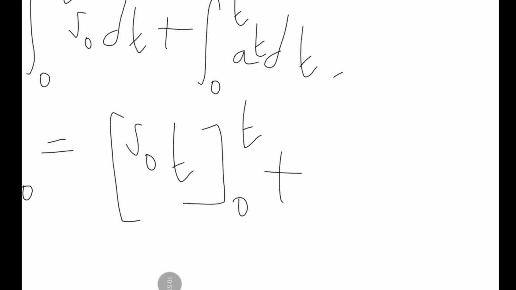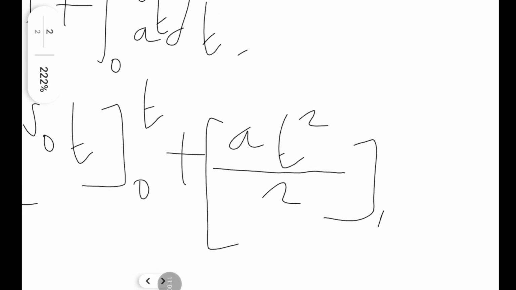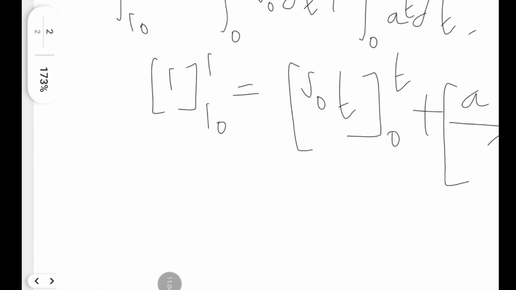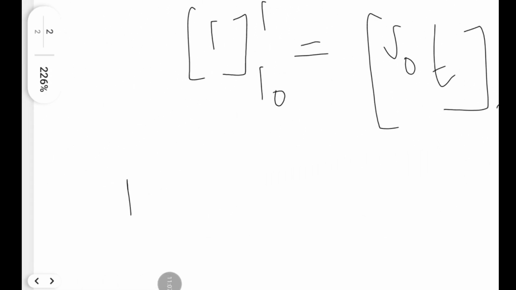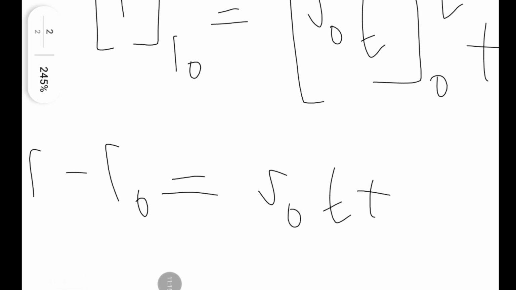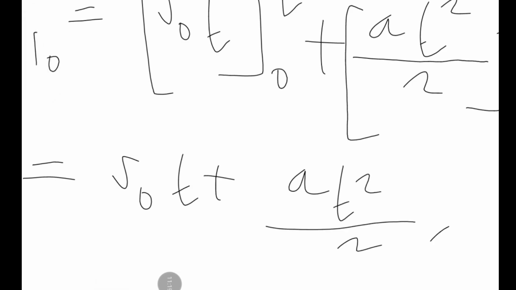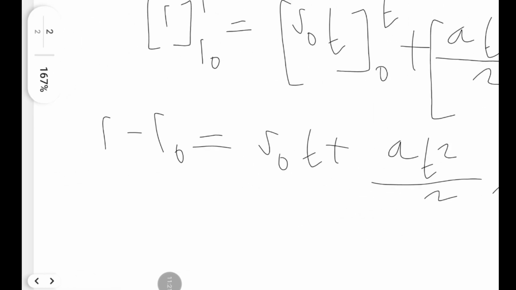Now, the integral of t is just going to be t squared over 2, so it's going to be at squared over 2, between 0 and t. Now, that's fairly simple. You can just get it into this format here. It's going to be r minus r0 is equal to v0 t plus at squared over 2. Now that's pretty useful. We have it in that format there.